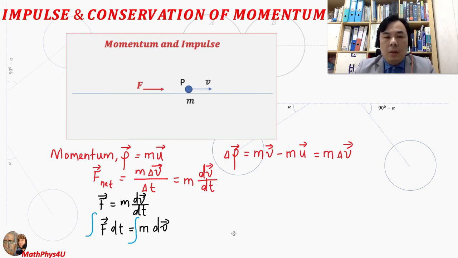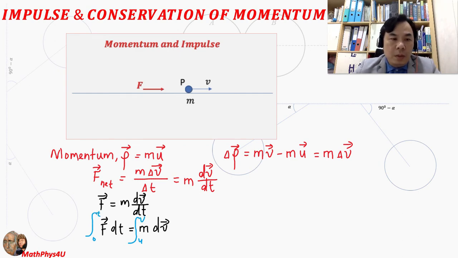Now we can start off by looking at time t equals 0. At time t equal to 0, the velocity is u. At time t equal to t itself, the velocity will be v.